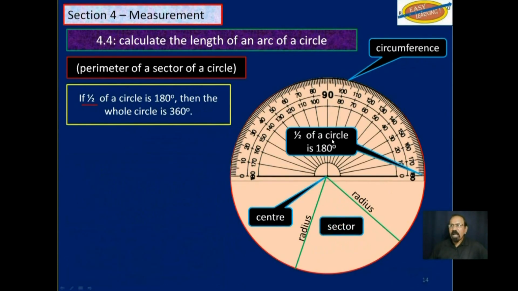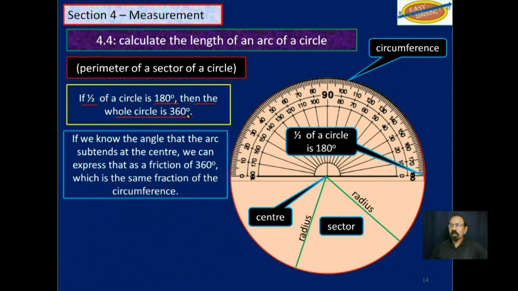So we said if half of a circle is 180 degrees, then the whole circle will be 360 degrees. Now, if we know the angle that the arc subtends at the center, we can express that as a fraction of 360 degrees, which is the same fraction of the circumference.